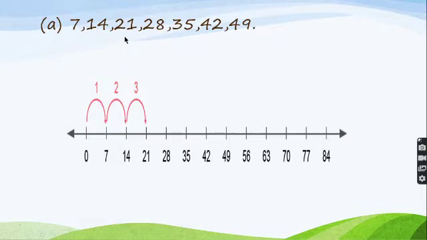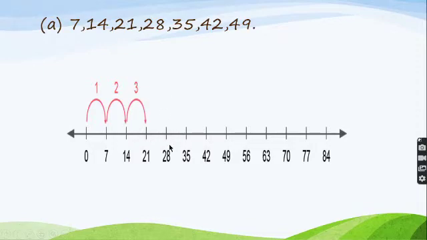So we write 21 in the gap, and when you start jumping from 21, your next number will be, yes, 28. It means when you add 7 to 21, your next number will be 28.